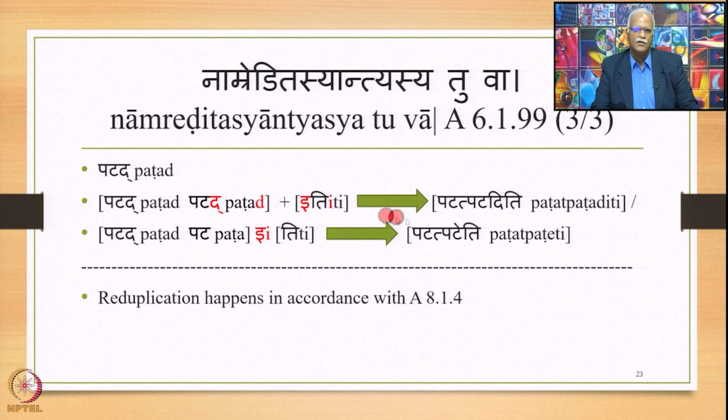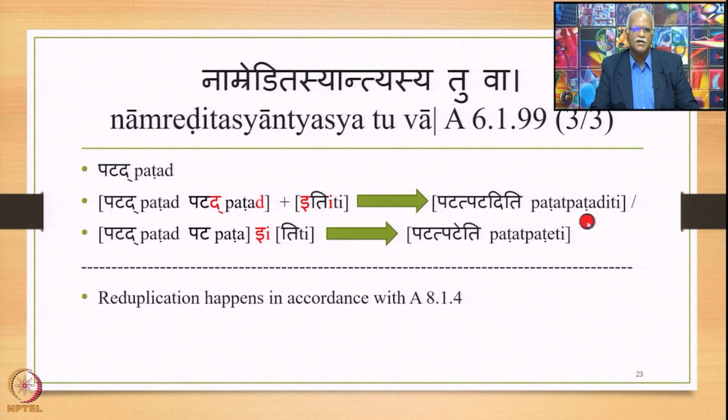So we have patat remaining as it is, this t and e is replaced by e, so we get patat pataditi. This is one output generated where there is no sandhi effect taking place, because this is an optional application.